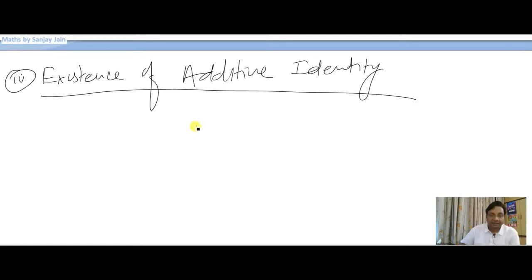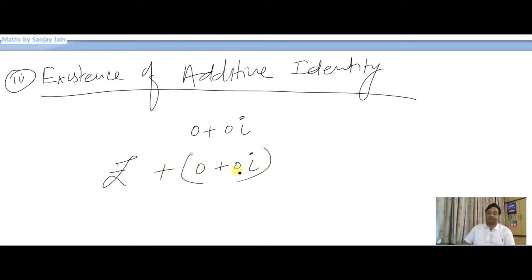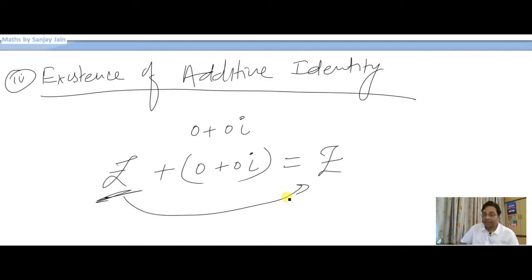If I add 0 plus 0 iota, let us say I've got a complex number, if I add 0 plus 0 iota in it, it will give me the identical result, that is the same complex number as my result.